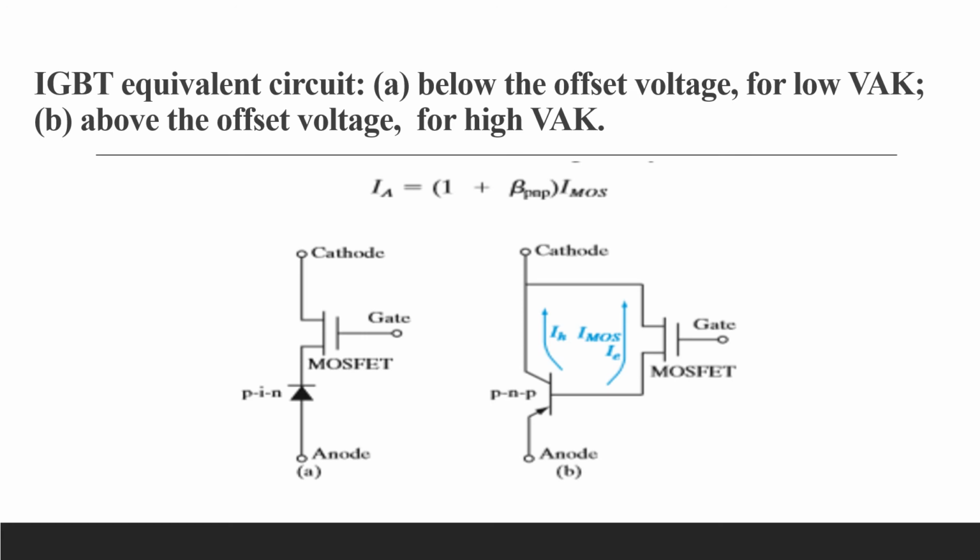Like a MOSFET, it has high input impedance and low input capacitance. On the other hand, in the on state, it has low resistance and high current handling capability, like a BJT or SCR. Because of these factors and because it can turn off more easily than the semiconductor control rectifier, the insulated gate bipolar transistor is gradually becoming the power device of choice in place of the more traditional semiconductor control rectifier.